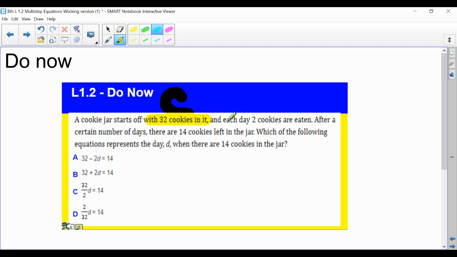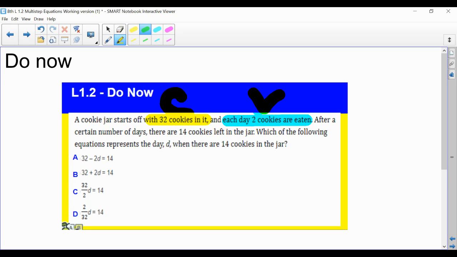Each day, 2 cookies are eaten. So depending on how many days have gone by, that relates to how many cookies were eaten. So that changes based upon the number of days. That's where our variable is going to be. That's always what changes.